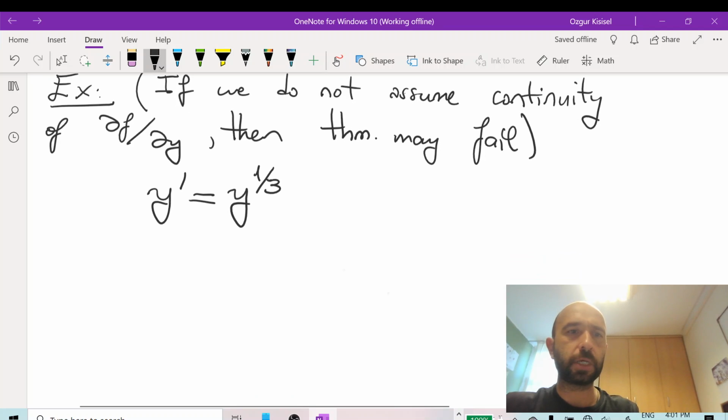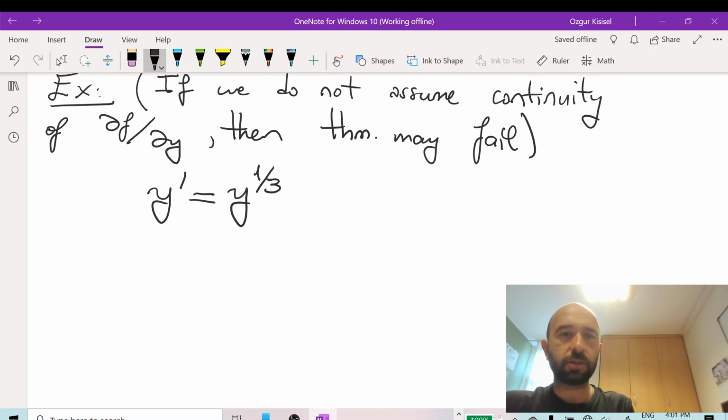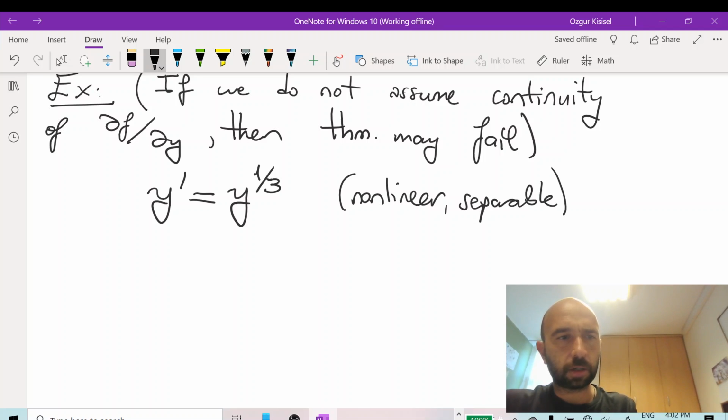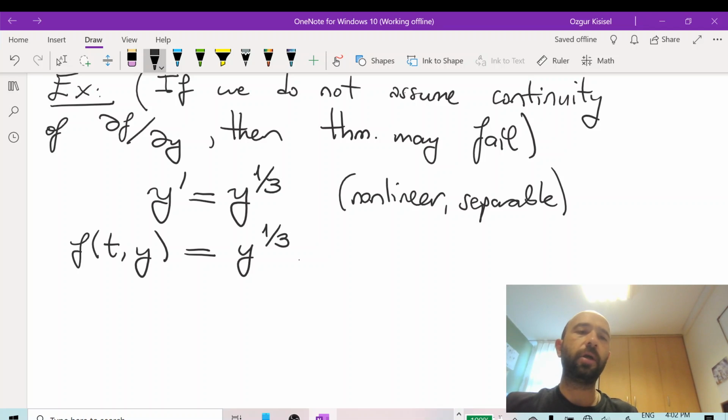That's why. Okay, this is a separable equation, nonlinear, separable. And by the way, your f of t, y is y to the power 1 over 3 here. We should actually think about it as a two-variable function, even though one of the variables doesn't explicitly show up.